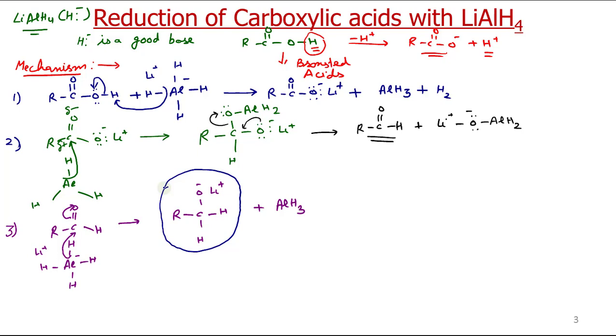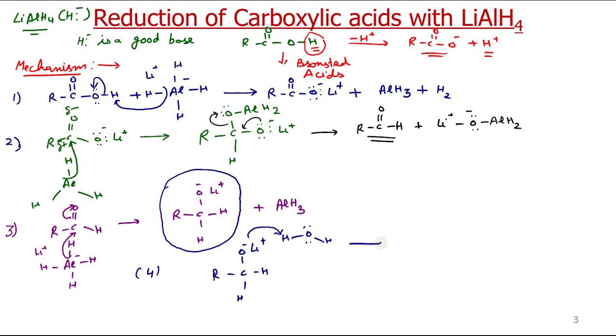So I will write here the step 4. In the fourth step, this product RCO negative, Li positive, H, suppose we have water, so it will abstract a proton.